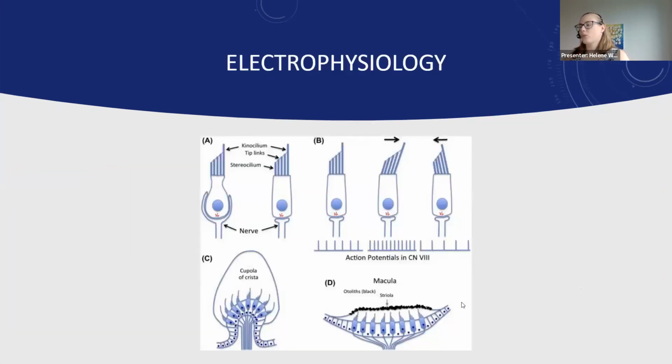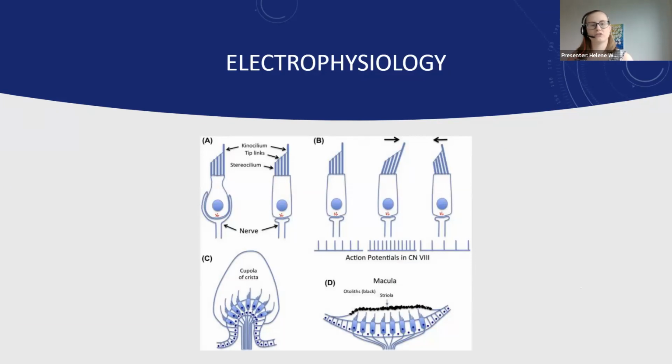In looking at vestibular function, once the hair cells have moved, they send action potentials and neural messages up to the vestibular nerve. And we know that vestibular hair cells are firing all the time.